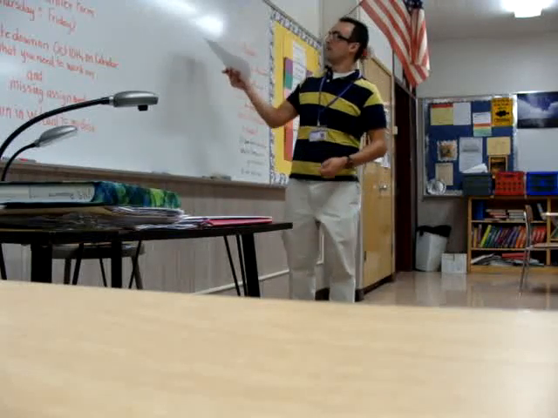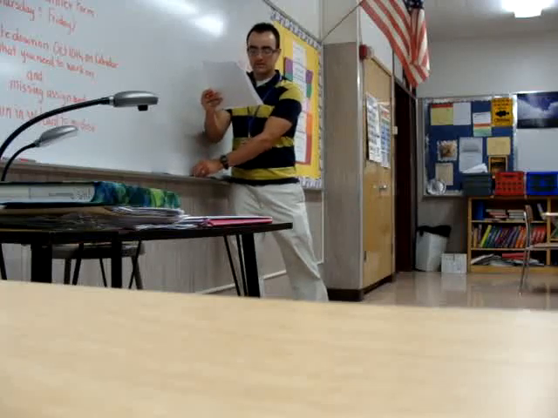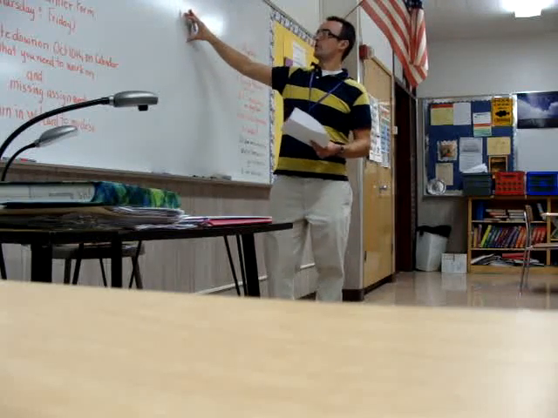So our first step is we look at the problem. We have 5.867, okay? And our second step is we determine if we are rounding off to the 10th, 100th, or 1,000th. We always have to read the directions first. I didn't write a direction up here, but let's say we're looking to round to the nearest 10th, okay?